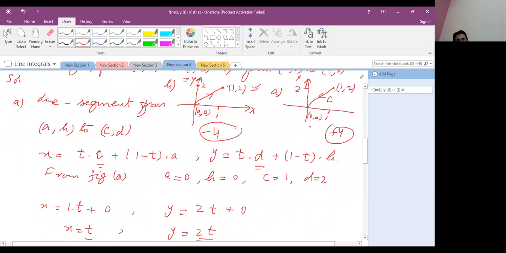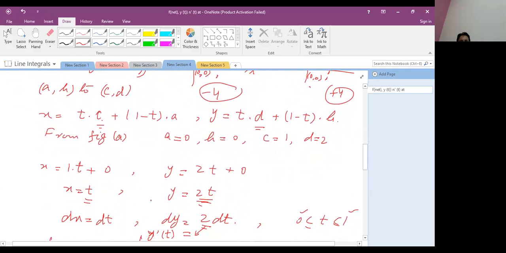When we put C is 1, it is 1 times t, and A is 0, so that part is 0. Similarly for y, D is 2, so 2 times t, and B is 0, so that part is 0. So the value of x is t and the value of y is 2t.